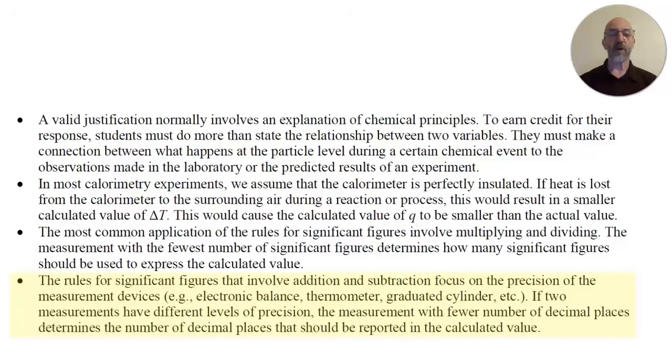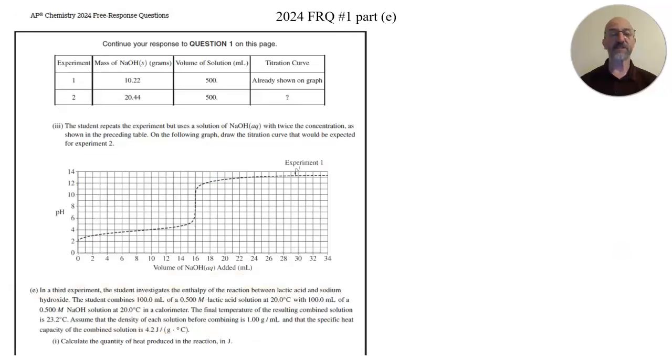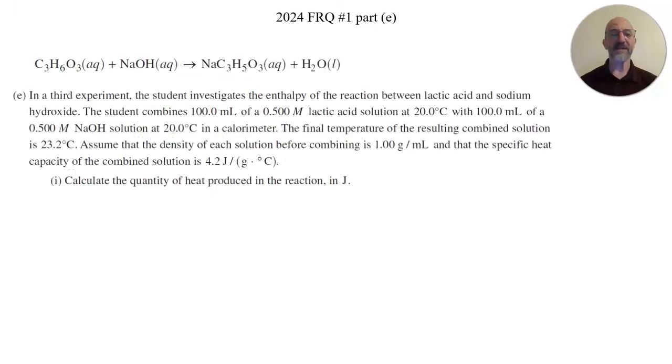All right, just a couple more quick examples of some free response questions that I found that are relevant to this lesson. So this was from the 2024 AP Chemistry exam, and this is FRQ number 1, part E. In part E, it talks about an experiment in which 100 milliliters of a 0.500 molar lactic acid solution is combined with 100 milliliters of a 0.500 molar sodium hydroxide solution.